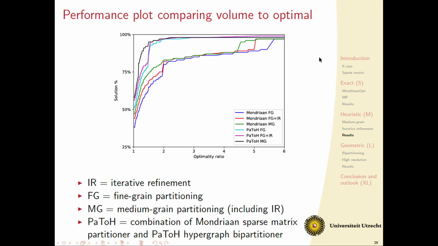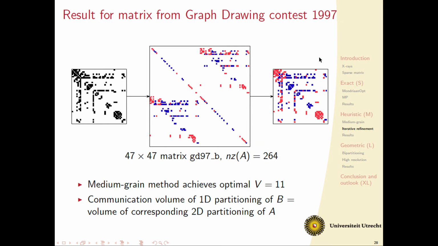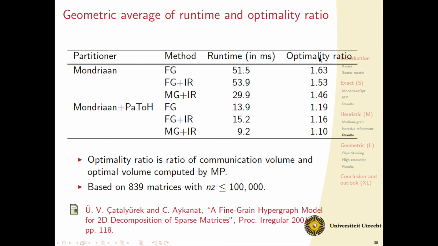There you get very, very high. Higher is better. And if we want to give a single number to express this, the optimality ratio is the geometric mean of the communication volume compared to the optimal, and the lowest value that we achieve is 10% from optimal. So we're pretty close, and that's using Mondriaan for the medium grain and the iterative refinement, but PaToH for the hypergraph partitioner.